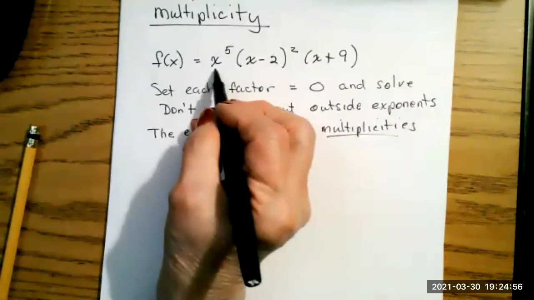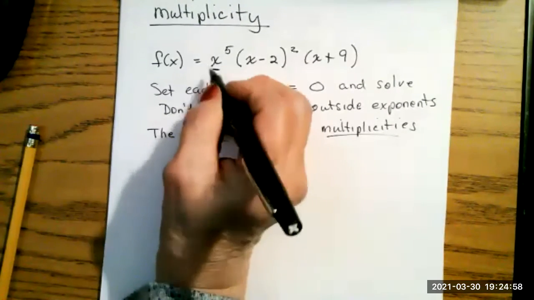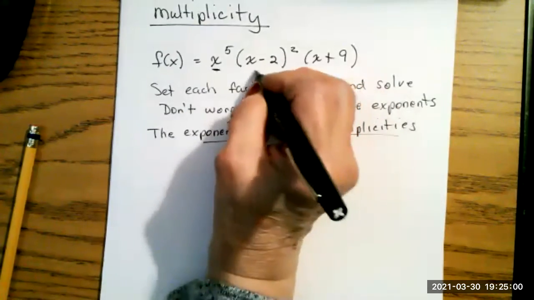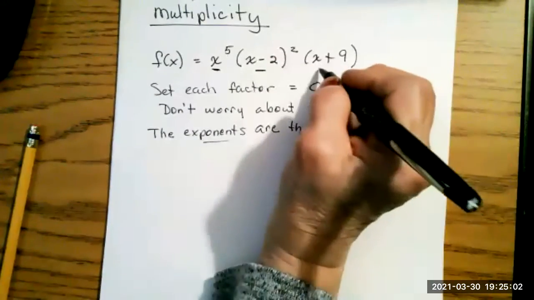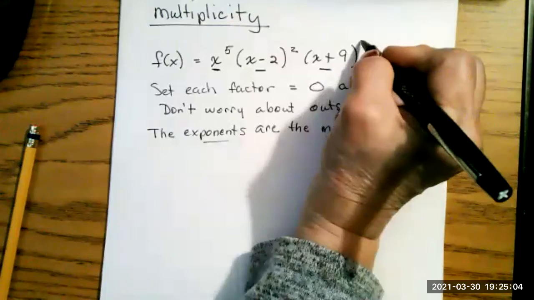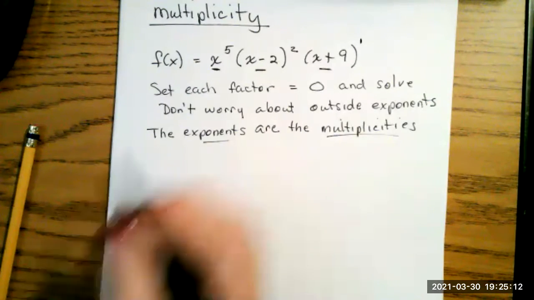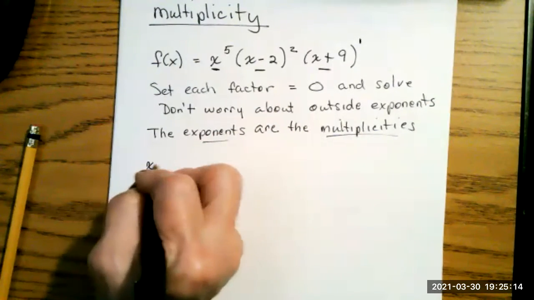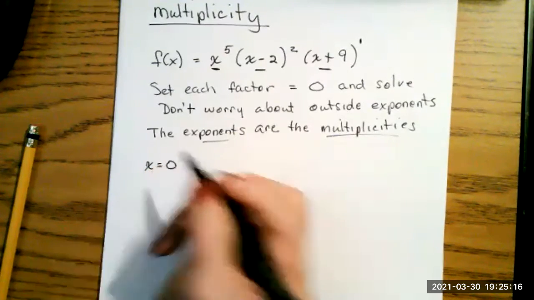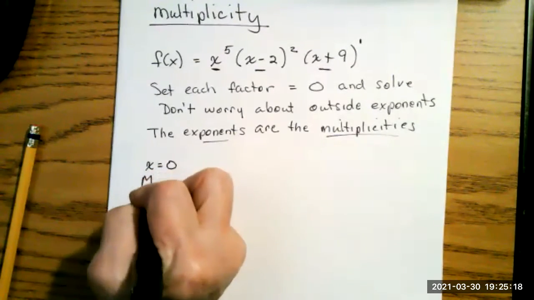So I have this little x minus 2, and this little x plus 9. And this one really has an exponent up here. It's 1. So I'm going to set each one of those equal to 0. The first one is x equals 0. And M stands for multiplicity.